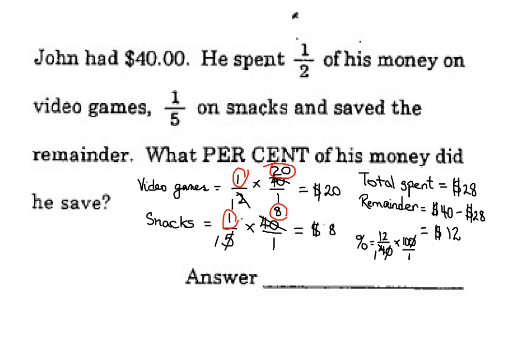Which one? 12. How many times can 4 go into 12 without leaving a remainder? 3. So if we want to calculate the percentage now, I want you to multiply 3 by 10. What's 3 by 10?